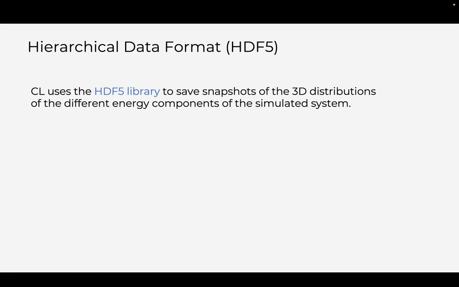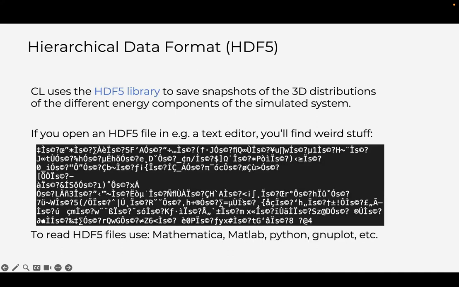So these HDF5 files, if you open them in a text editor, you just get weird stuff here, right? So you need to have a program which interprets these files properly. So you can do that with Mathematica, MATLAB, Python, Gnuplot, etc. But you can't open it just like the other average energy density files within a text editor and quickly look into it, right? You need an appropriate program for it.